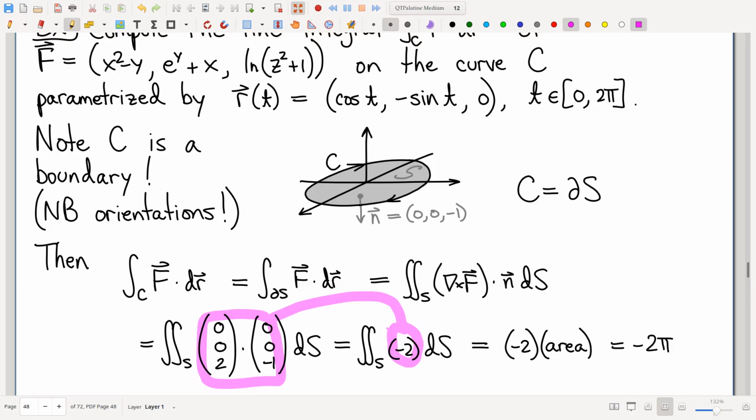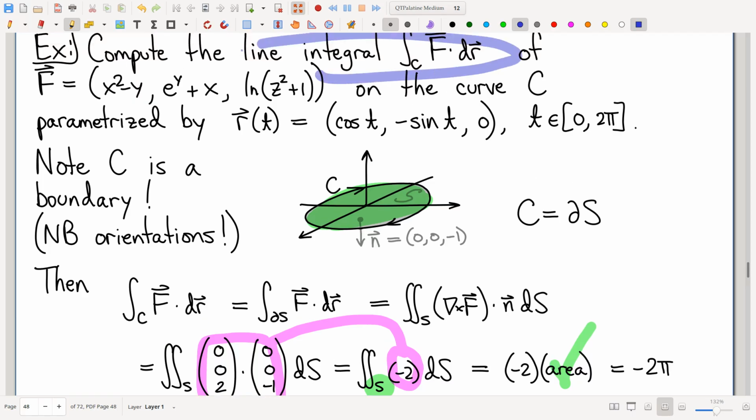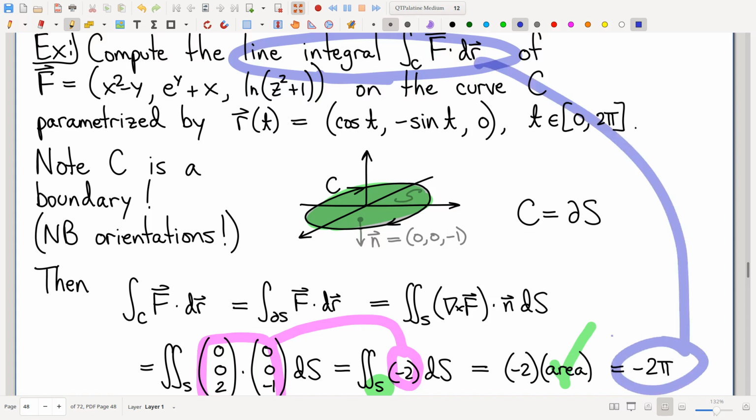That -2 is a constant, and it's a constant being integrated over a garden variety geometric shape, right? Namely the unit disk. We totally know the area of the unit disk is 1 pi, right? And so, boom, we win. And our original integral that we were interested in, that line integral, is minus 2 pi.